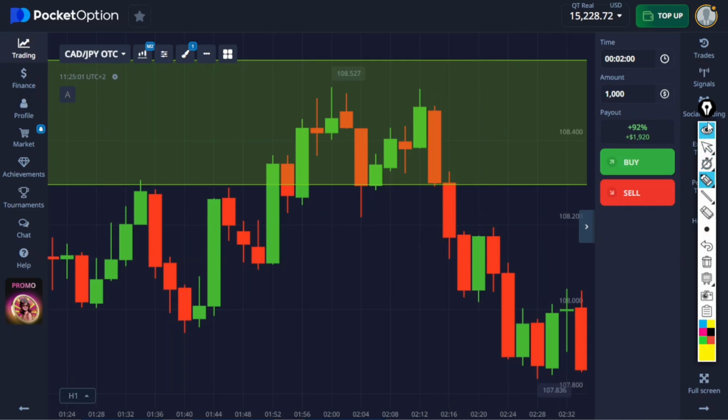And just to point something out here real quick, this candle right here, I'm sure some of you are curious to know whether this is a valid rejection candle or not. It's not really a valid rejection candle, simply because the lengths of the wicks are more or less the same.